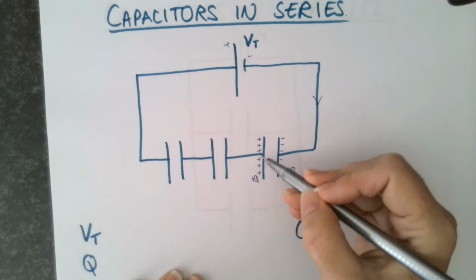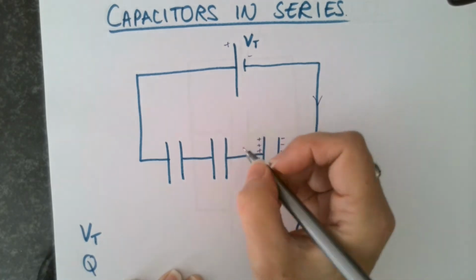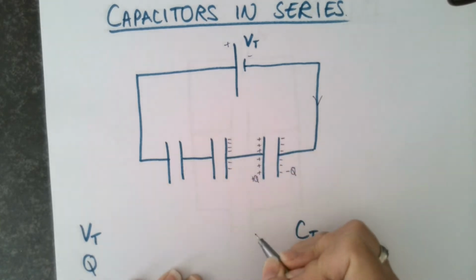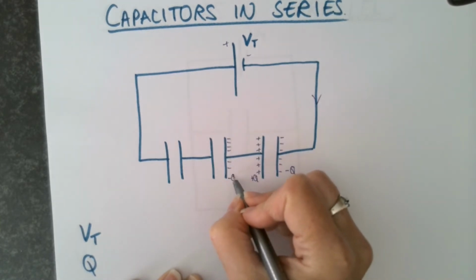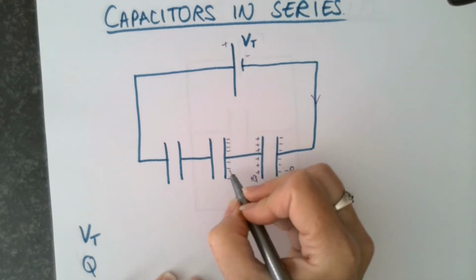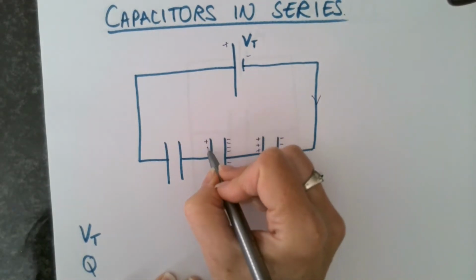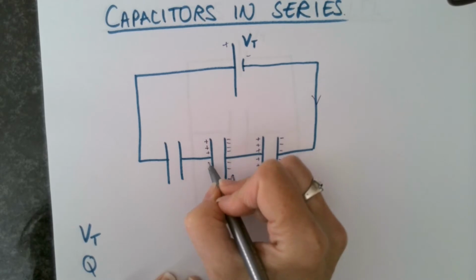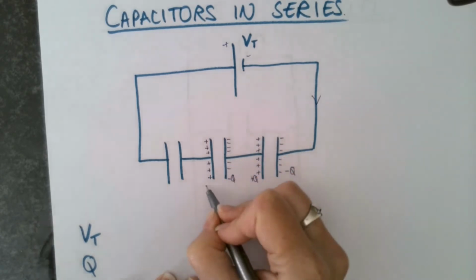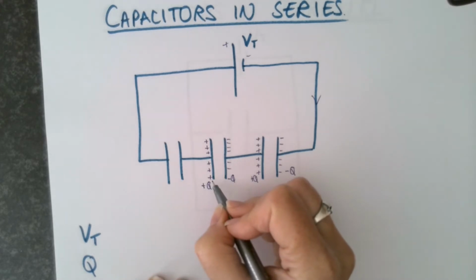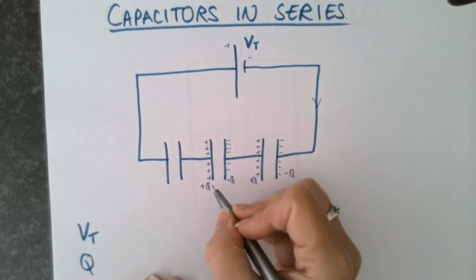Well, where did those electrons go? They arrived at the next plate. Make sure I've got the same number. So we have minus Q on the next plate. That means that the same number of electrons have been repelled from the other side of that capacitor. So we end up with plus Q. And I think you can all see where I'm going now.